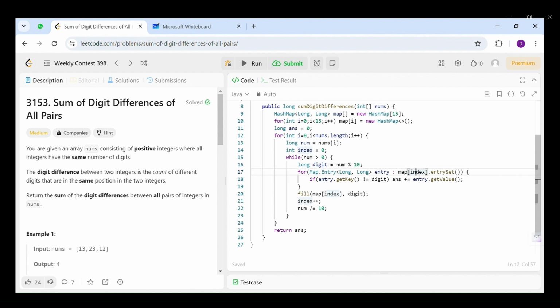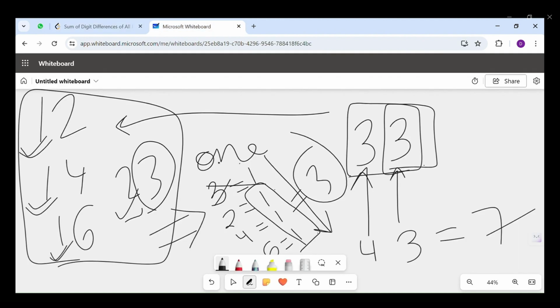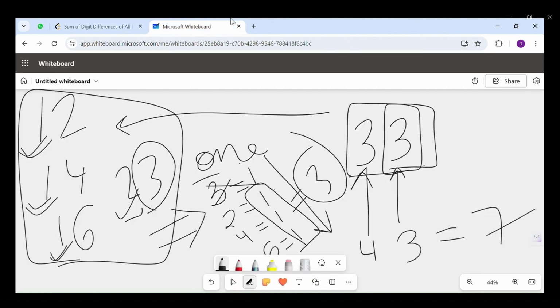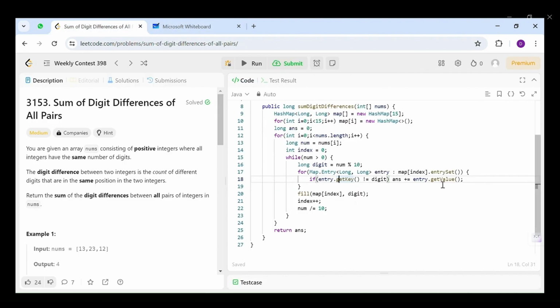So after I get my digit, I will iterate in the hash map of that index, and if that digit is not equal to my current digit of the number which I am checking, then I will add the value. Means in my hash map value, I am keeping store of the count of those numbers. So I have to sum up all those counts where key is not equal to that digit.